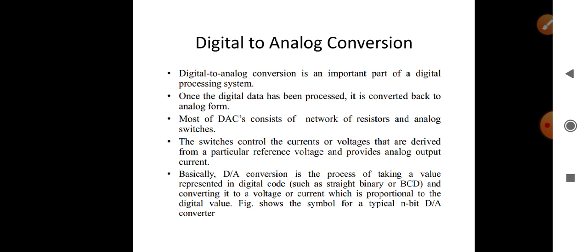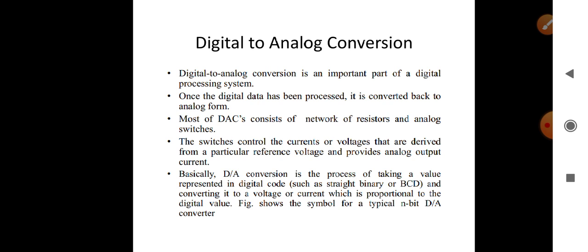Basically, a DA conversion is the process of taking a value represented in digital code, such as straight binary or BCD, and converting it to a voltage or current which is proportional to the digital value.